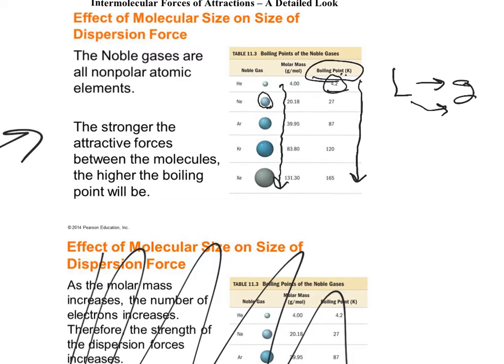And since they're getting bigger, they're stronger, it takes more kinetic energy to break free. And you can see that the boiling points show that, because it takes more and more energy to cause the liquid forms of these noble gases to turn into a solid. I'm sorry, a gas. Okay?